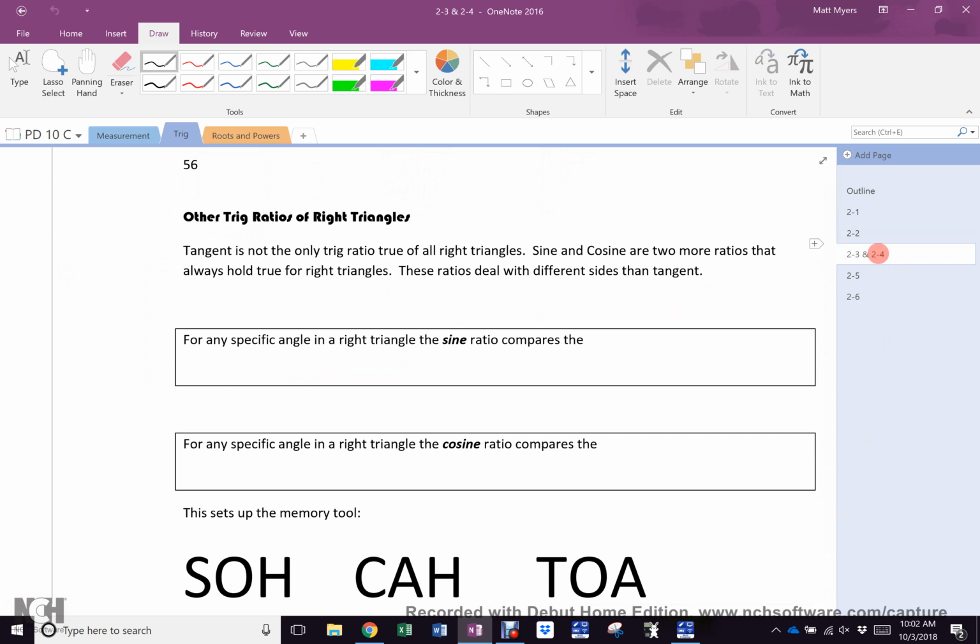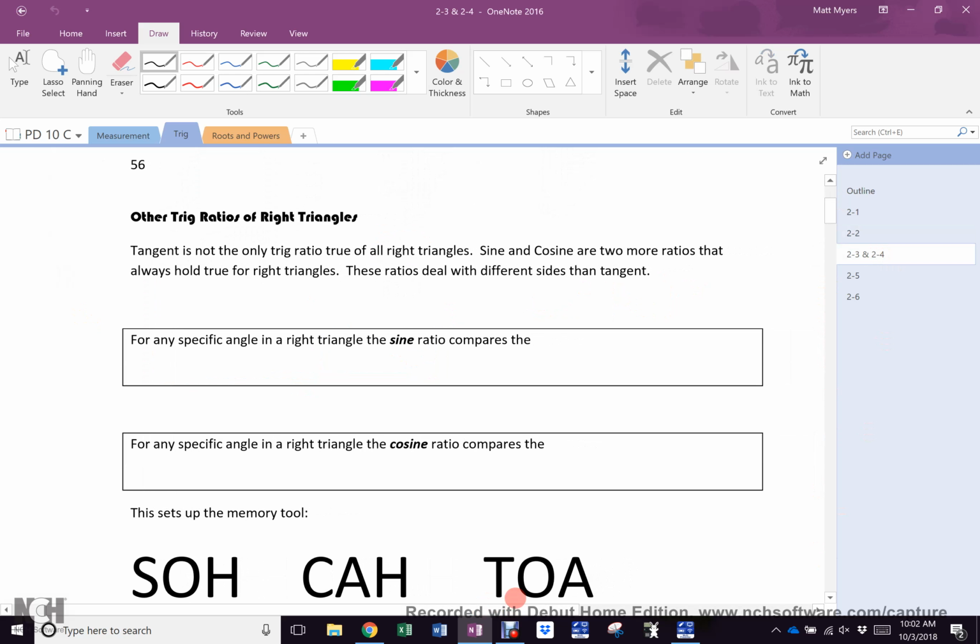All right. Now, as we have said, we have already talked about tangent, and tangent is opposite over adjacent. And the problem with tangent is it only works with legs.